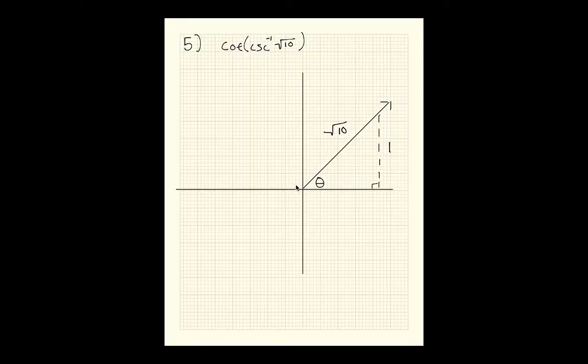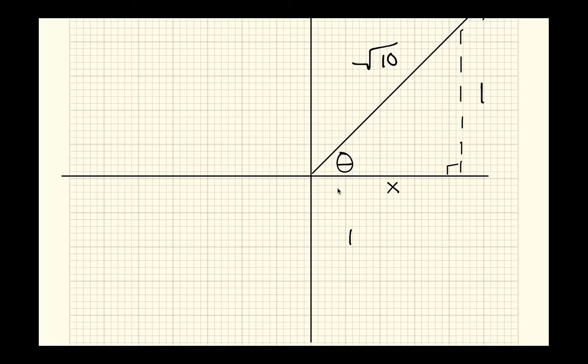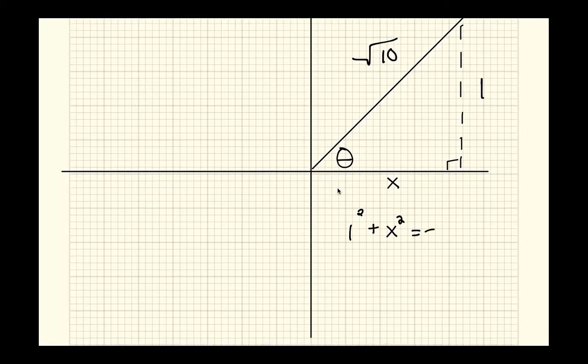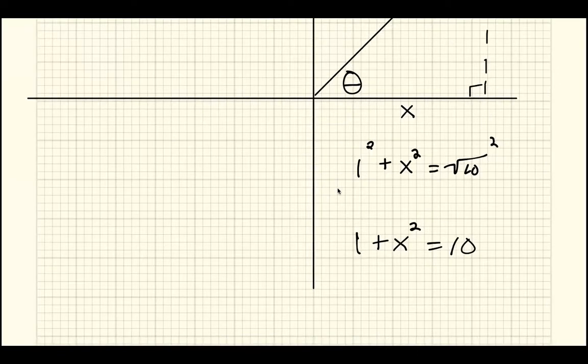Cotan will require this x, because it's x over y for cotan. So let's find that using the Pythagorean theorem. If this is x, we should have 1 squared plus x squared equals root 10 squared, or 1 plus x squared equals 10. Subtract the 1 to get x squared equals 9.